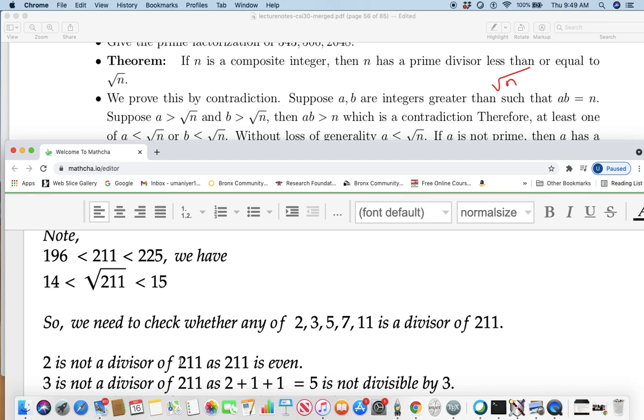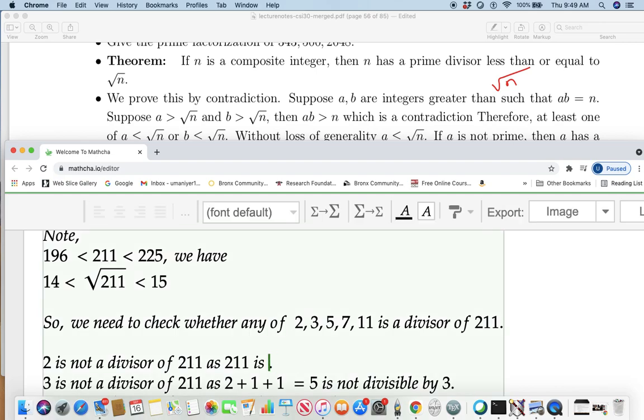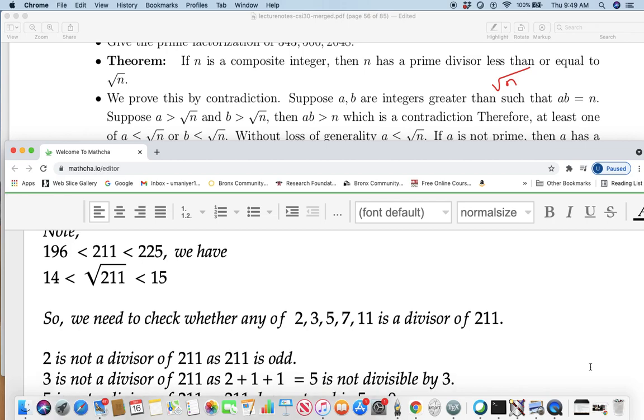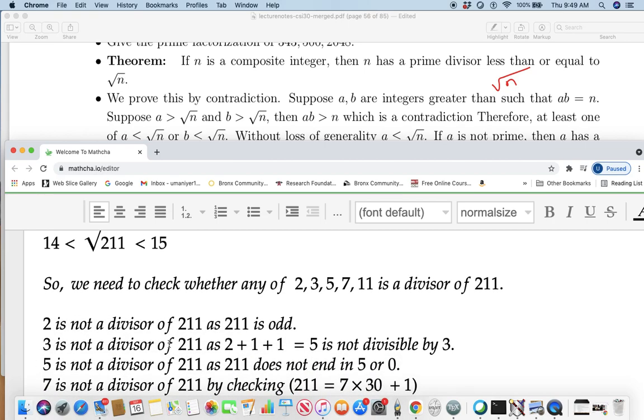2 is not a divisor of 211 because this is odd, okay? 3 is not a divisor of 211 because you need to add the digits of 211. 2 plus 1 plus 1 is 5. This is a test for divisibility by 3.